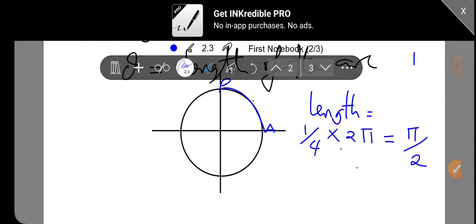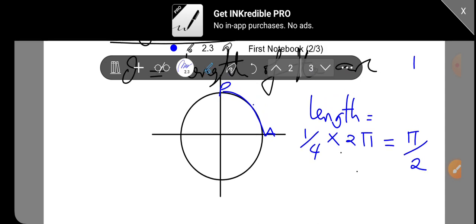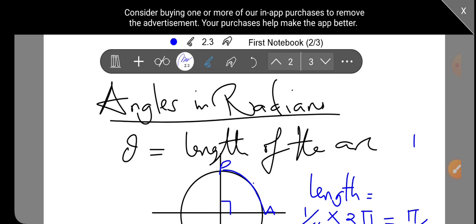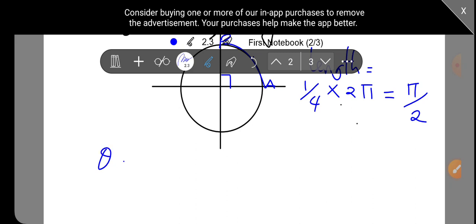So what we are saying is an angle becomes in radians if theta is equal to the arc length. So from where we have this AP, this angle in radians, theta, is pi by 2.